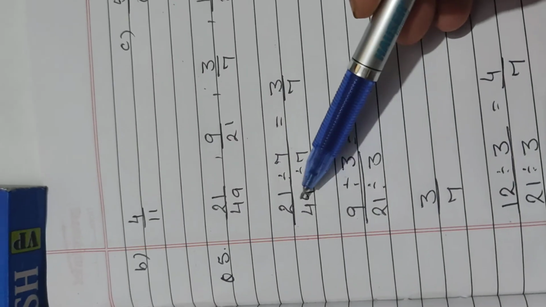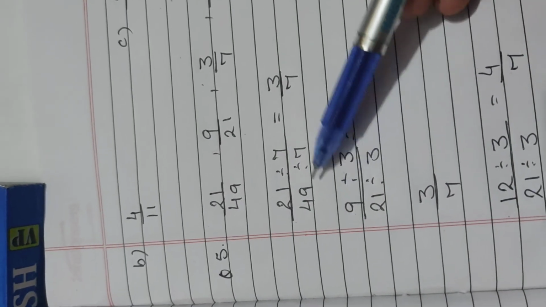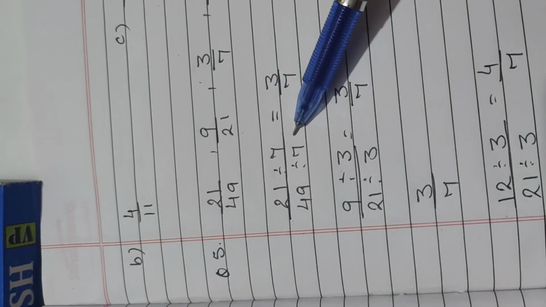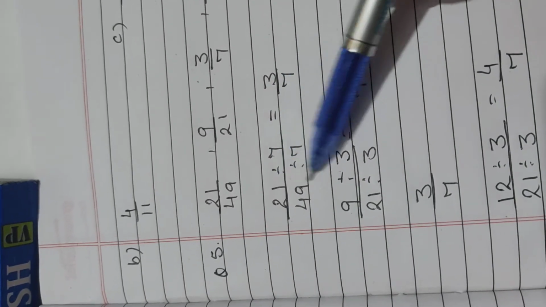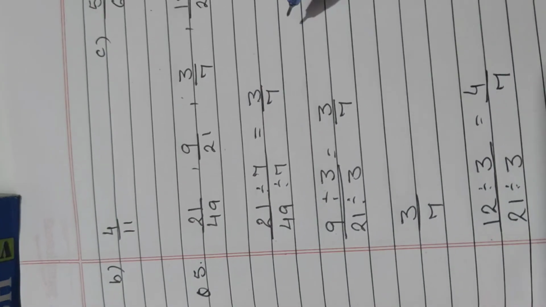So first I'll reduce 21/49 to the lowest terms. That means I have divided both the numbers by 7, because both come in the table of 7. So I got 3/7.